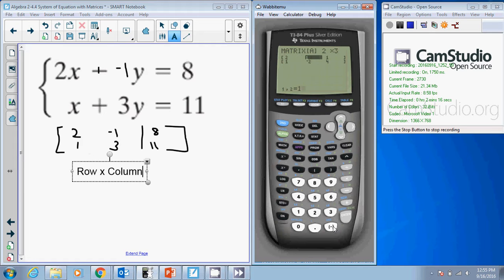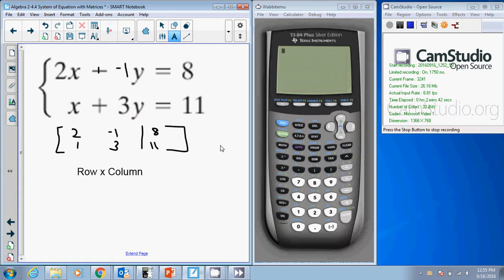So 2, -1, 8, 1, 3, 11. Once we have our matrix entered into the calculator, we're going to quit out of there. So second mode will quit and take us back to our main screen.